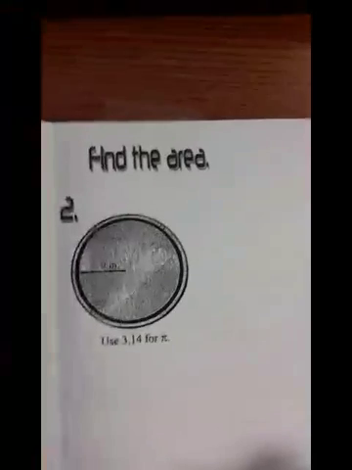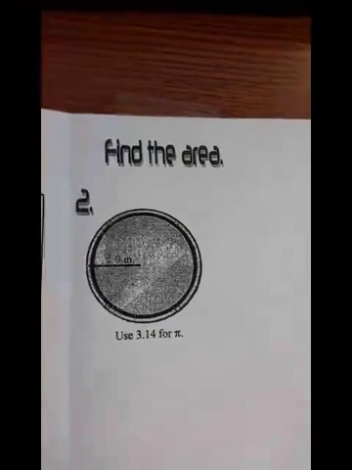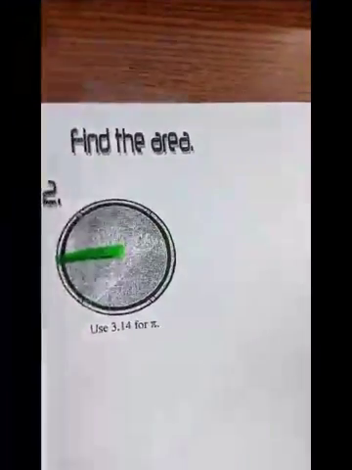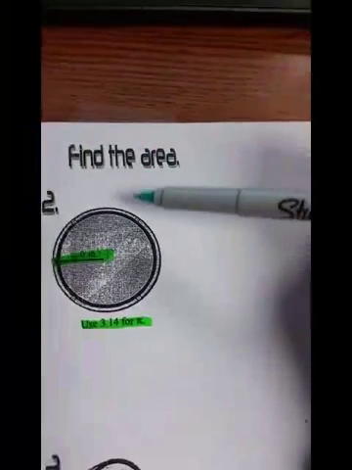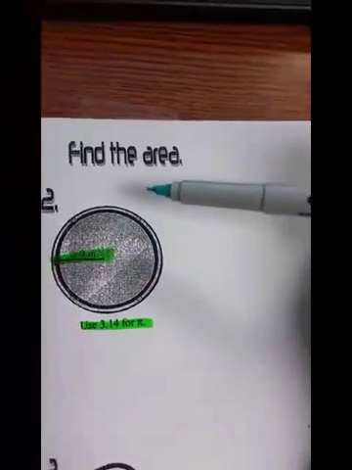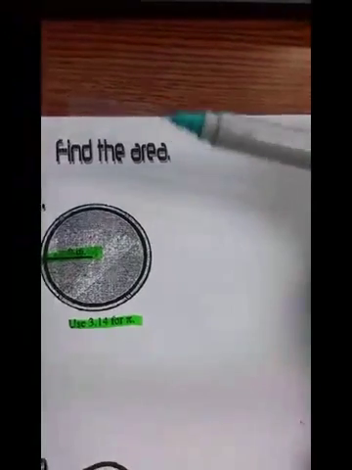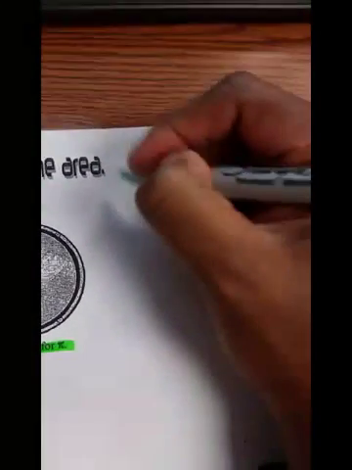Moving on to the next one. All right, we have a shape here, and the radius is 9. We're going to use 3.14 for pi. First step, draw our figure, which is drawn for us. Second step is to label it, which is already labeled. Third step is to write down my formula.